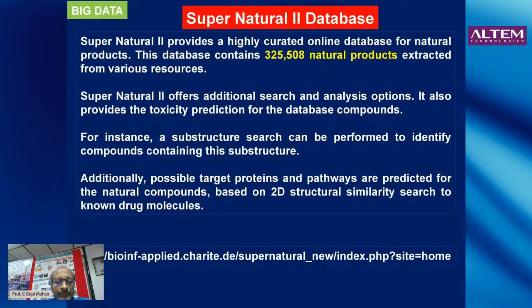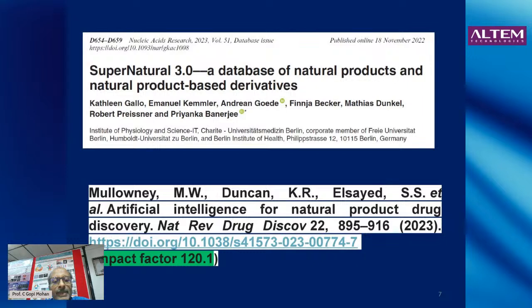So if someone wants, this is the website which is available, and there are two different papers already published in Nucleic Acids Research, which can be downloaded. It is open access, and you can read more.